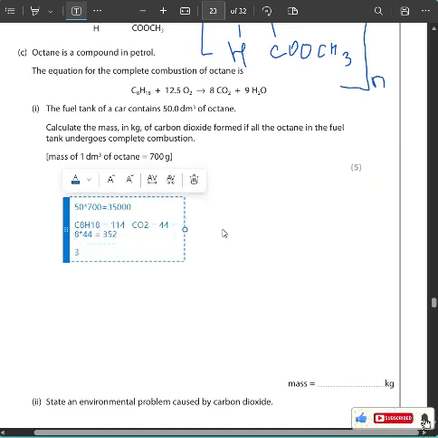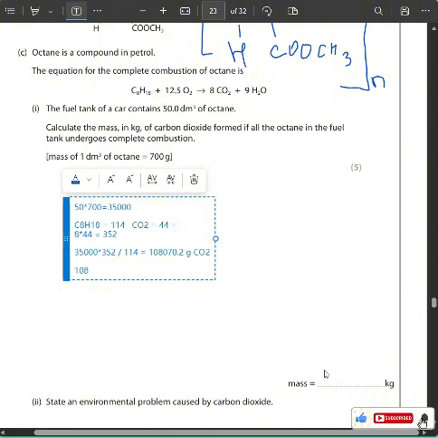Then we multiply 35,000 by 352 and divide by 114, and the answer is 108,070.2 grams of CO2, which is around 108 kilograms.